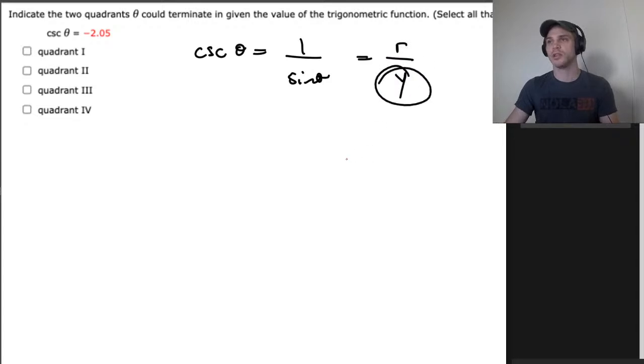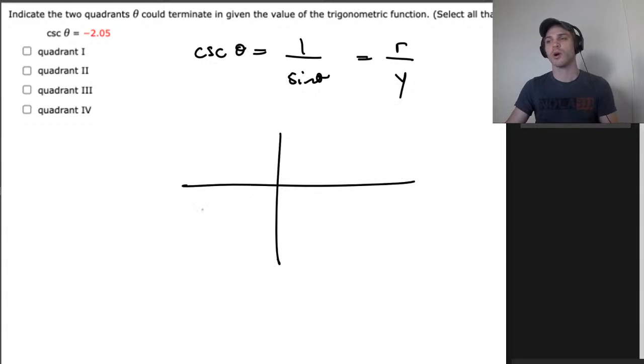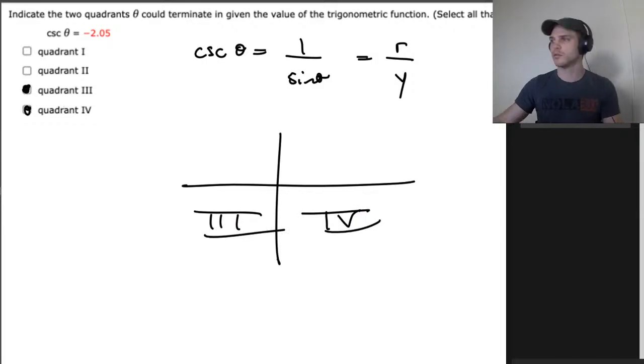So we need the quadrants where y is negative. Where's our y coordinate negative? In quadrant 3 and quadrant 4. So these are all not too bad.